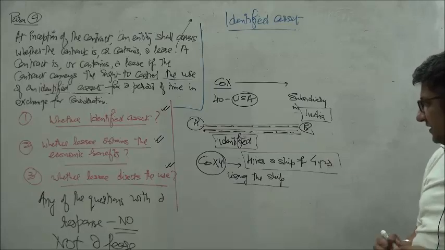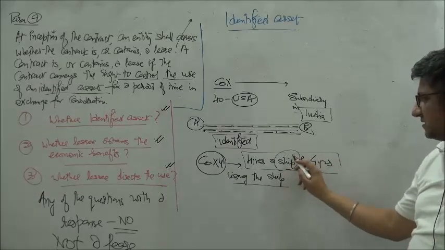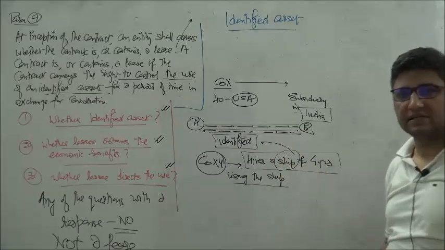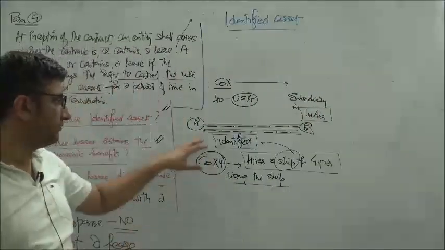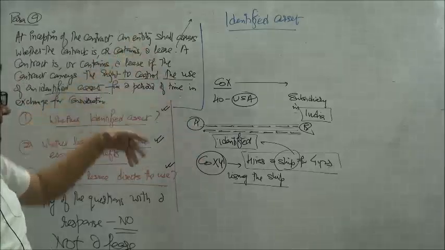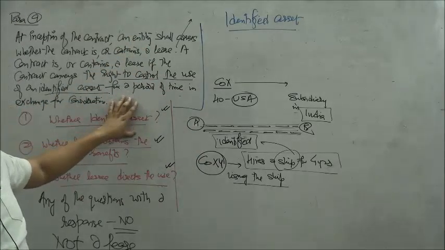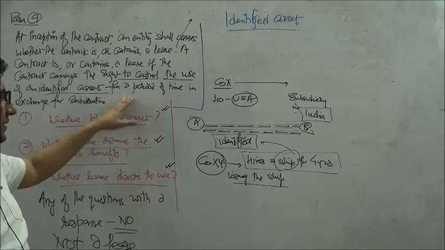Okay, so even this ship, for example, in this case, may be considered as an identified asset for the purposes of calling it, let's say, one of the parameters of leasing here. Okay, right? It goes farther.